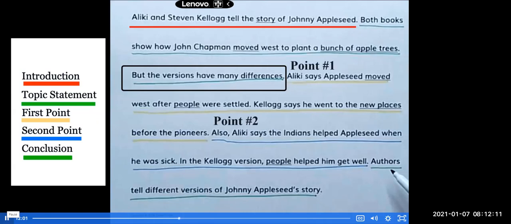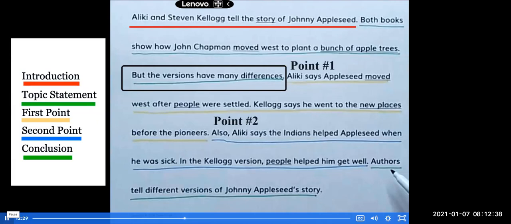As I read aloud the two points, make sure that the points are talking about the differences, that they're contrasting the two texts. Ready? Here we go. Point number 1. Aliki says Appleseed moved west after people were settled. Kellogg says he went to the new places before the pioneers.